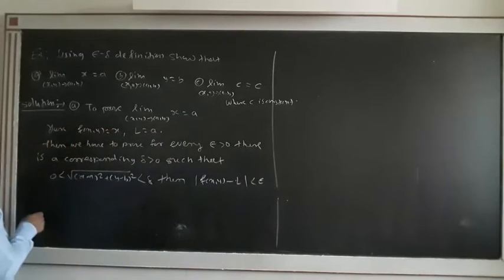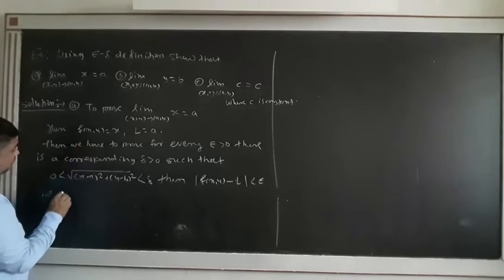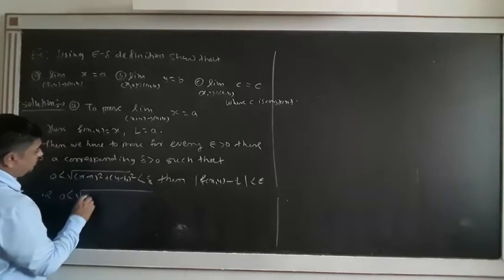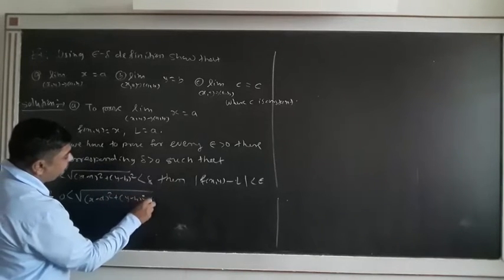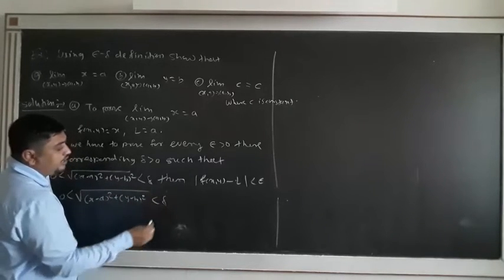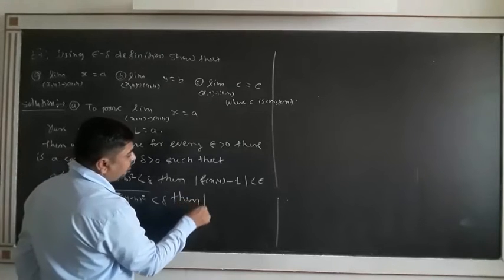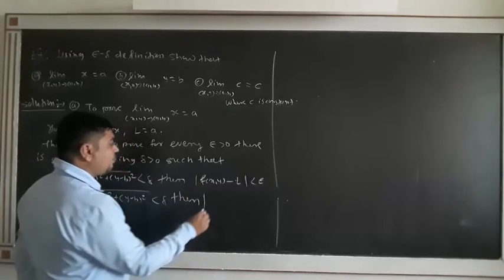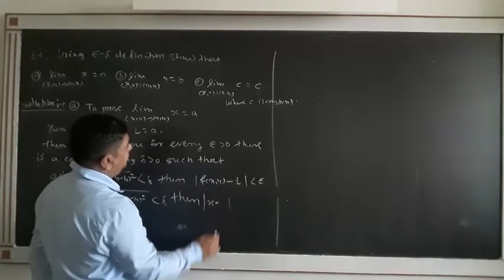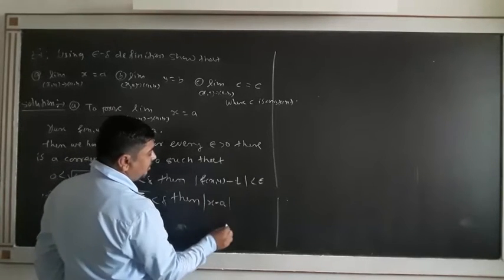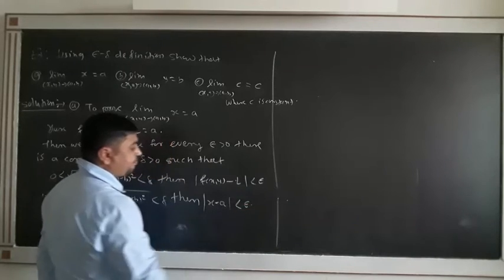Putting f of x, y equal to x: if 0 is less than the square root of (x minus a) squared plus (y minus b) squared, less than delta, then f of x, y minus L, which is mod of x minus a, is less than epsilon.